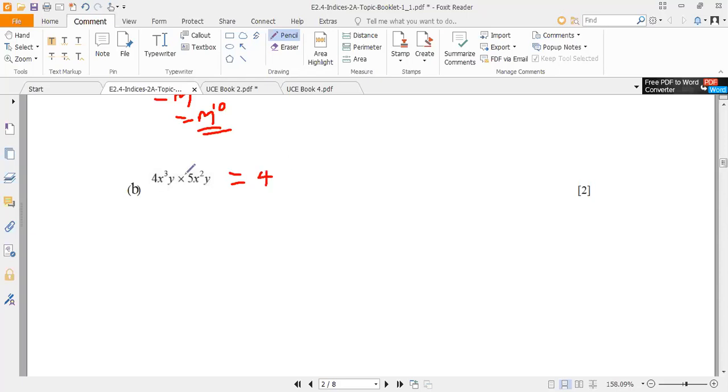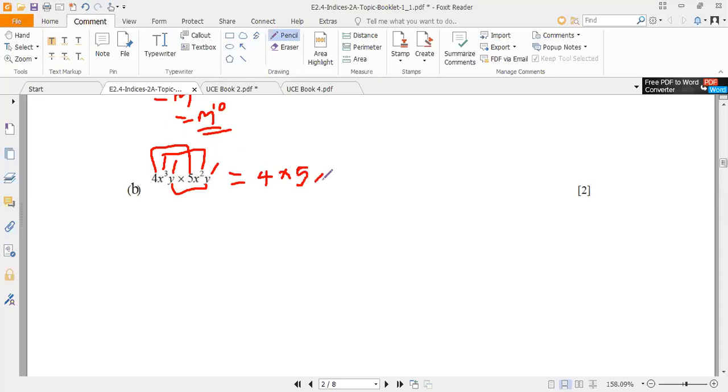So this one here is the same as having 4. I'm going to bring the real numbers together, that is the 4 and the 5, then I bring the x's together, and then the y's together. So if I bring the 4 and the 5 together, it will be 4 times 5.